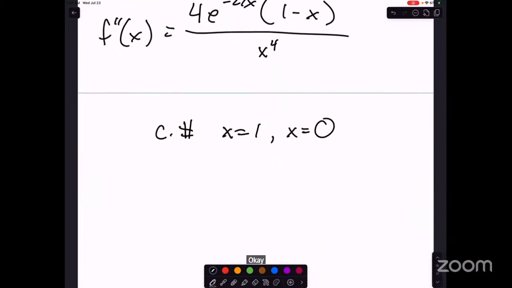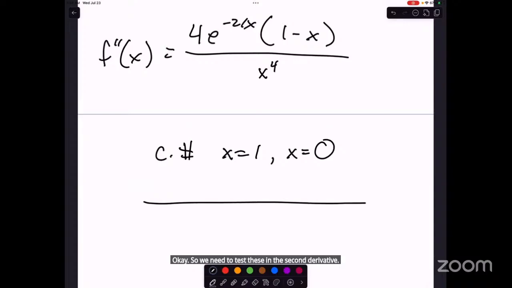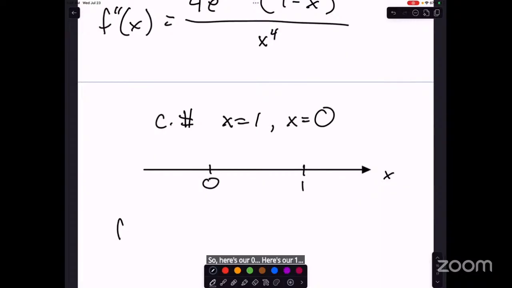Okay, so we need to test these in the second derivative. So here's our 0, here's our 1. We want to look at the second derivative.